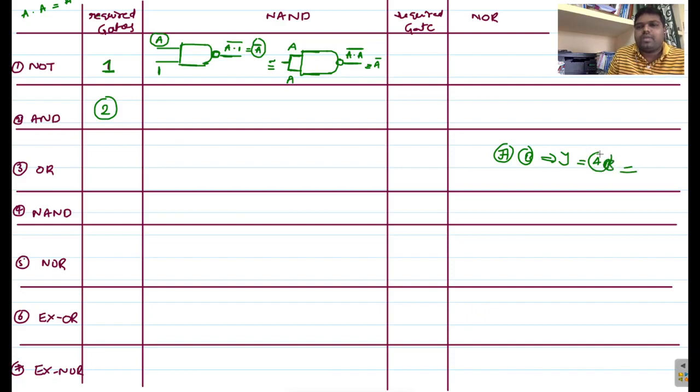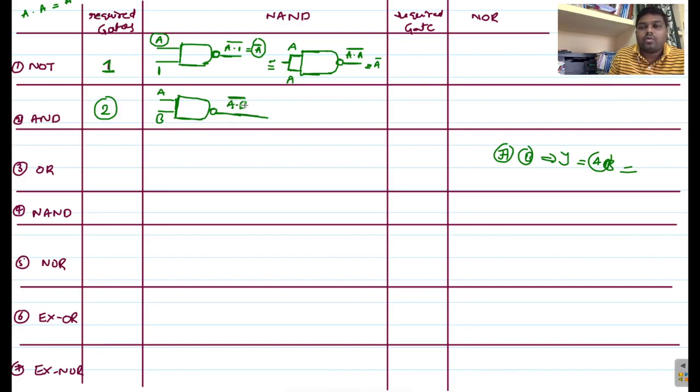The same thing you can implement with the help of NAND logic. First I am taking one NAND gate here, and for this I am taking two inputs, A and B. So finally what you will get here? A into B whole bar. That means inverted product.